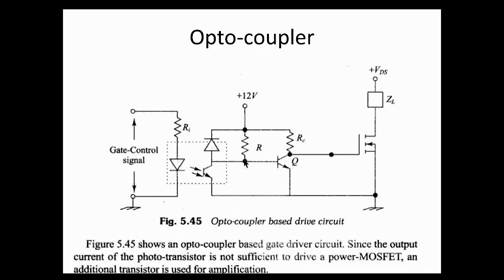This is when it is off, and the opto isolator is off. Yes. So the 12 volts would not be enough to cause an output at Q. Okay. All right.